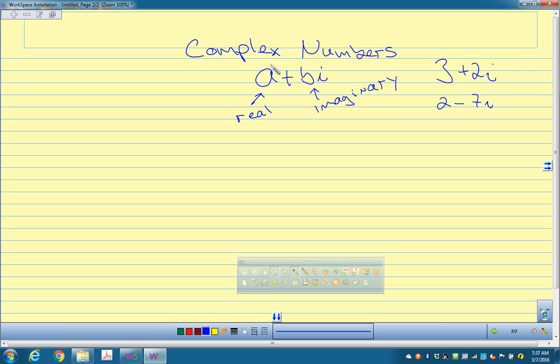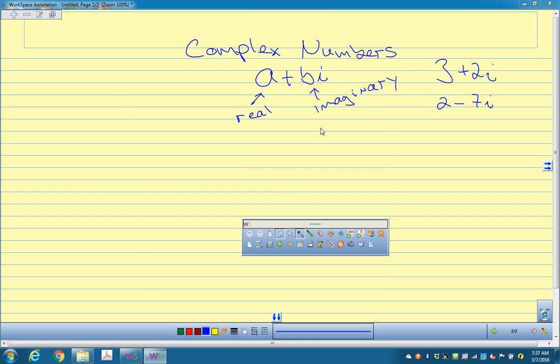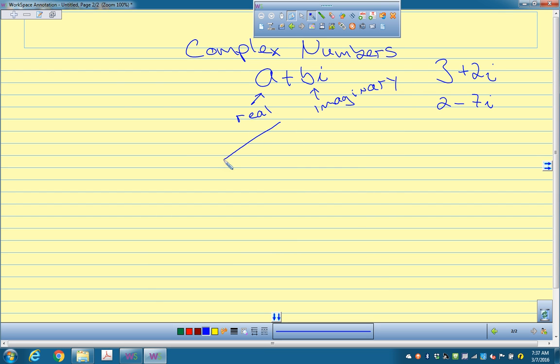So, for example, complex numbers can be broken into two things. They can be broken into imaginary numbers, and then they can be broken into real numbers, okay? And this is where a is equal to 0.